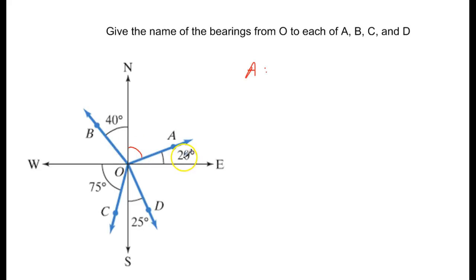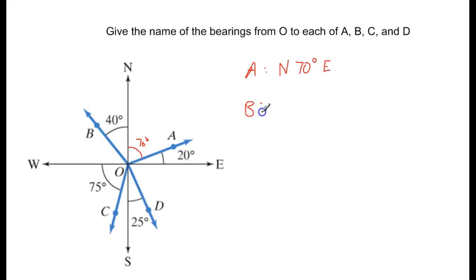So if this is 20, then that means this angle is 90 minus 20, or 70. So for A, this is above the east-west line, so we're going to say north first. All right, and then we're off of that north line 70 degrees to the east. All right, so that's north 70 degrees east.